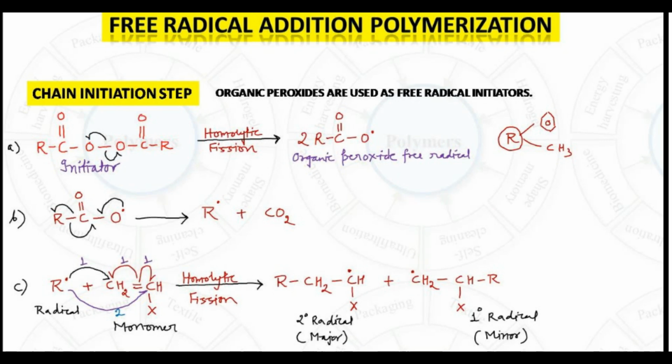But this radical, you see, this carbon is the primary carbon. So this radical is the primary radical, and it is the minor one, but both will form, and this will form in the major amount. So major part in the polymer will be this type of the reactive intermediate, right? I hope this first step, which is the chain initiation step, is quite clear now, okay?